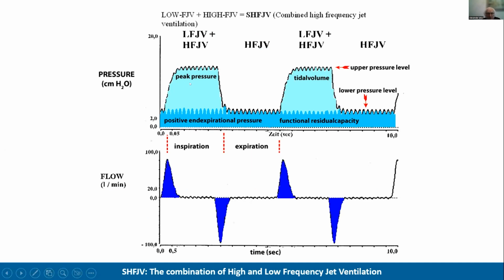Here is the low frequency jet ventilation with the high tidal volume and superimposed high frequency jet gas impulses. This is the inspiration. During the expiration, we have only the high frequency jet gas impulses. And then we have two pressure levels, a lower pressure level and a higher pressure level. This is inspiration, this is expiration.